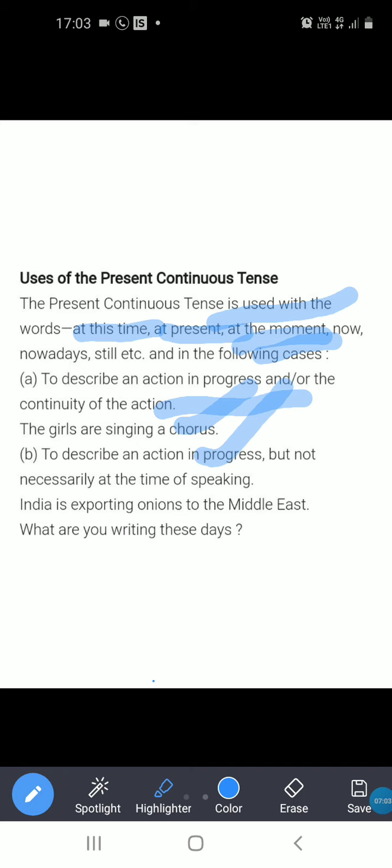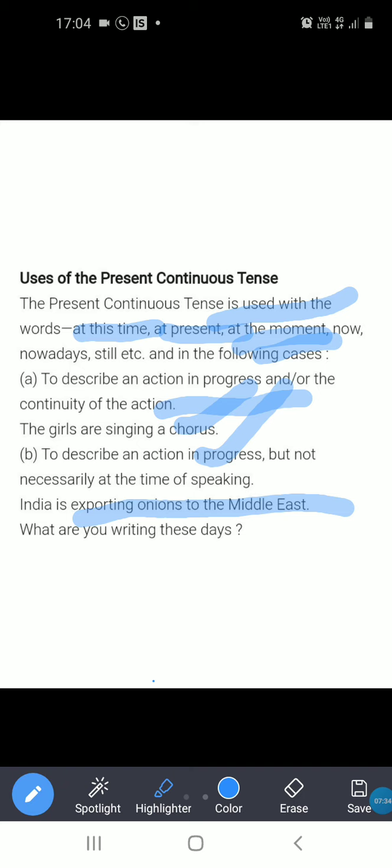India is exporting onions to the Middle East. This is another sentence. So this is also continuous tense. India is exporting onions. That means India is still exporting onions to the Middle East. The action is not completed and not paused. So it is ongoing work.